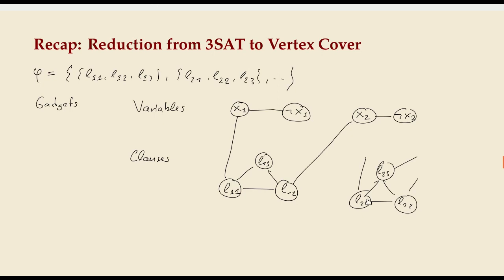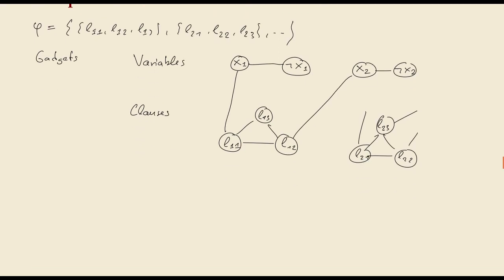So we'll see that if phi has n clauses over k variables, then the number of nodes will be 3n plus 2k.